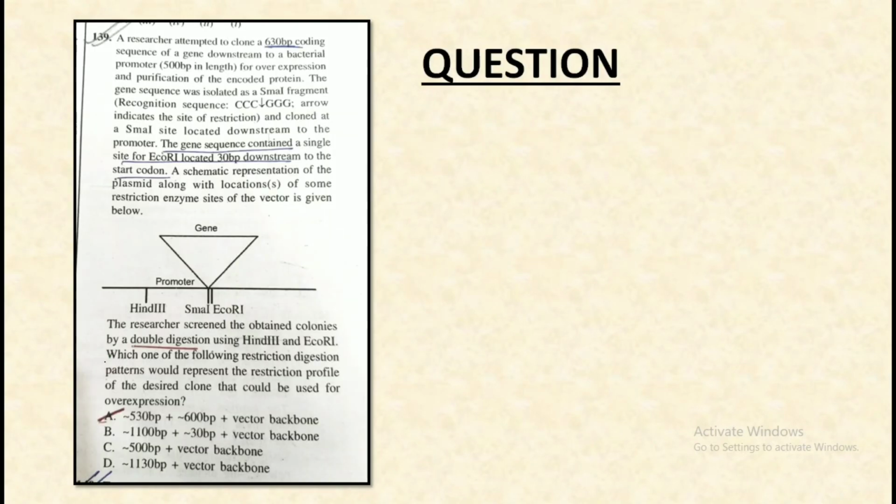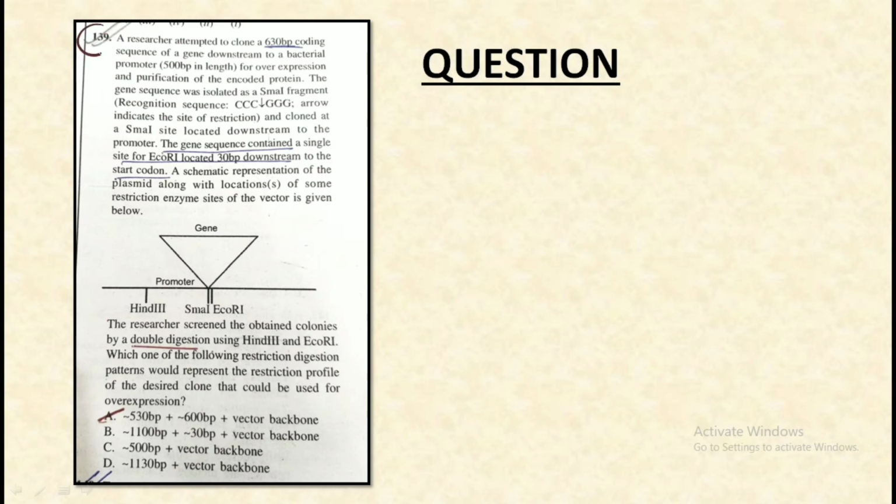Now let's quickly solve this previous year question, and this is one of the most frequently repeated types of question in the CSIR UGC NET. These types of questions might look complex at first go, but I will try to make this question as simple as possible so that you will be able to solve such questions if asked in the future.